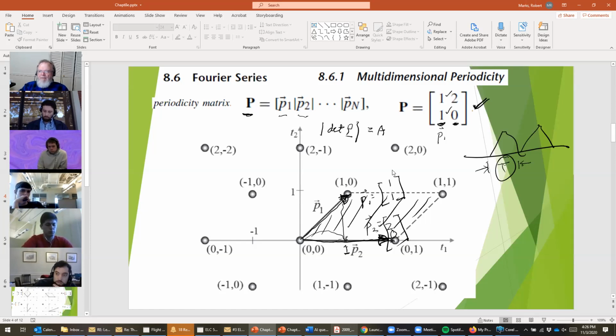So again, if you have a P1 and a P2 and you make the periodicity matrix, then the magnitude of the determinant of the periodicity matrix is the corresponding area of the defined parallelogram. Very interesting result. So what's the determinant of this P?